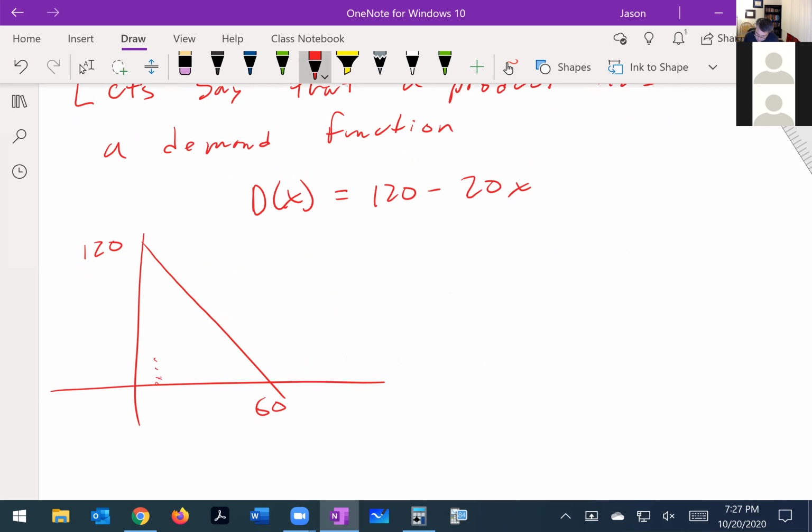At $3 a cup, you're going to get maybe 100 and some odd people walking into your store that day. So $60 for a cup of coffee, forget it.